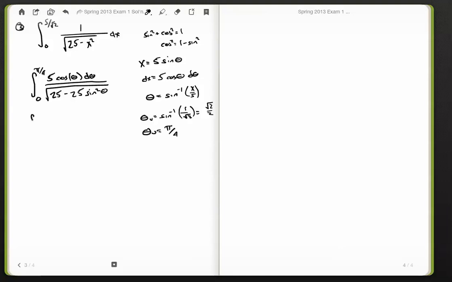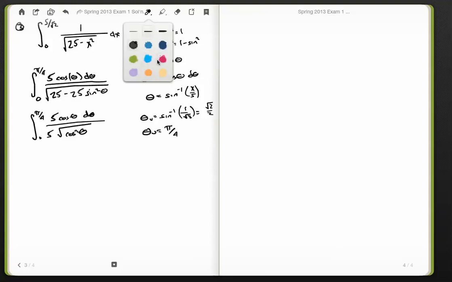So this will go from 0 to pi by 4 of, let's see, 5 over all this stuff. Ooh, that's interesting. So this becomes 5 cosine theta d theta over 5 times the square root of 1 minus sine squared, which is cosine squared.